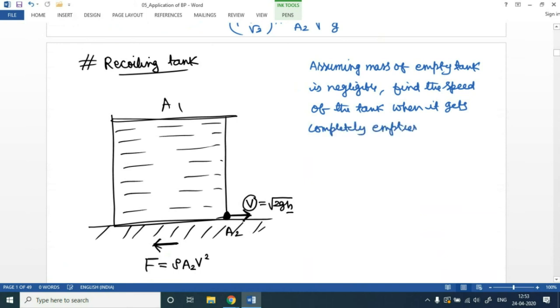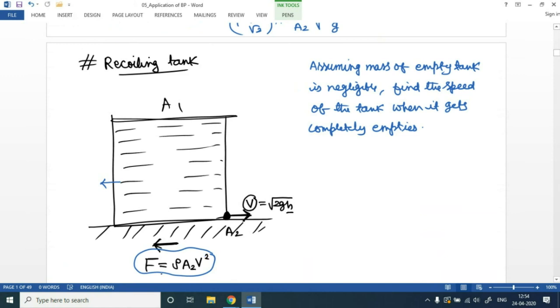Obviously it is going to take some time to get empty, and what time that would be we have already found out. What we have to find out is, at that instant when it has become completely emptied, what would be its velocity? It will obviously be recoiling in the backward direction due to the influence of this force over here. So we want to find out that quantity.